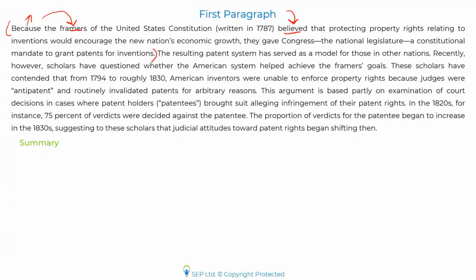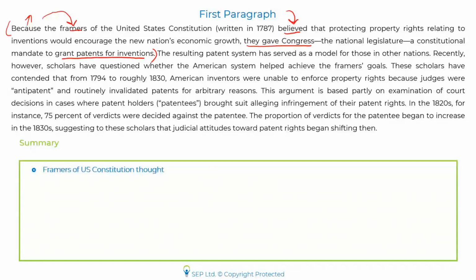They gave Congress, and Congress was the national legislative body probably, a constitutional mandate to grant patents. So basically, if I shortlist this sentence, it really means that framers of the US Constitution thought that patenting inventions would boost nations' economic growth.